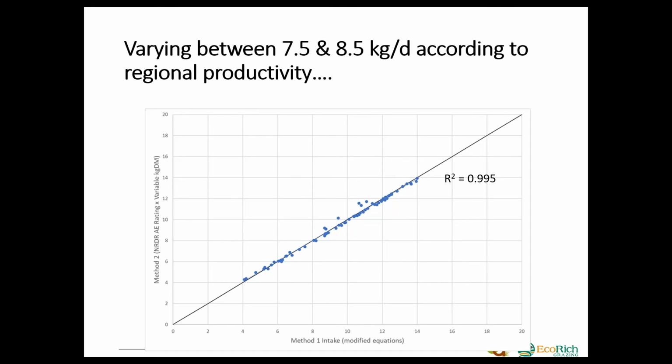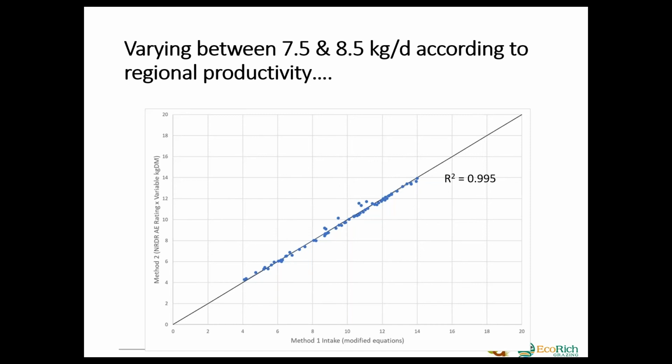We found if we applied 8.5 kilos a day in the low productivity areas, and we define low as those regions where steers gain less than 110 kilos a year, and then through for the moderate applied 8 kilos, for the highly productive areas where they gained more than 150 kilos, if we applied 7.5, they're nearly all exactly on the line. So using either method to arrive at an intake estimate was the same. So that gives us confidence in this overall approach.